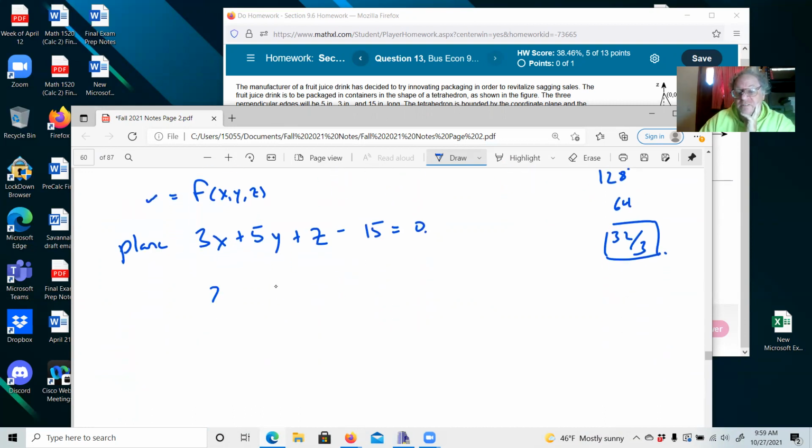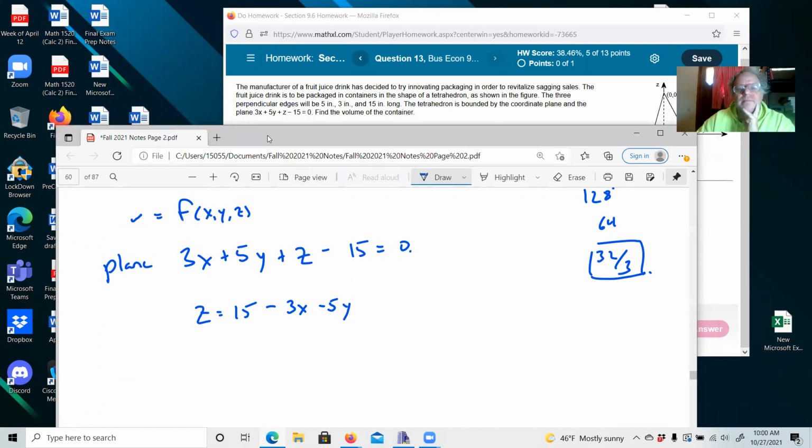So what I really want to do is say z equals, and now we're going to say 15 because we'll put 15 on the other side, minus 3x minus 5y. Okay. I would like to do it this way.